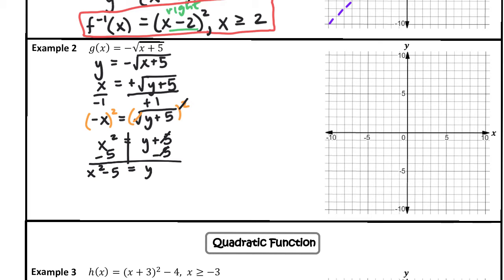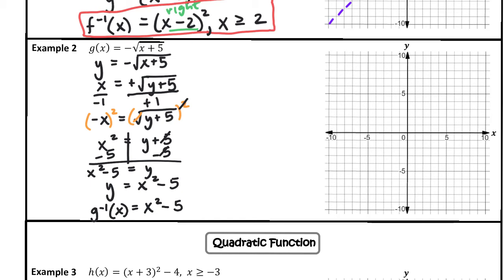And I get y equals x squared minus 5, and then change it to the inverse function. Notice that the original is a g. They're using g instead of f. So for the inverse, I'm going to put g inverse of x equals x squared minus 5.